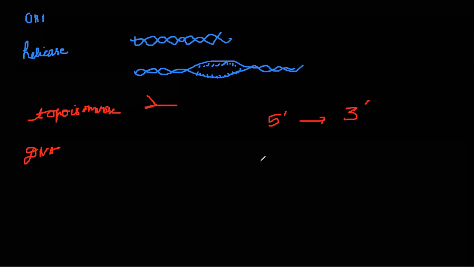After replication, DNA polymerase moves back, removes the RNA primer and adds DNA at this site. Then the enzyme ligase joins these Okazaki fragments together and forms the newly synthesized DNA as per the semi-conservative method of replication by Watson and Crick.